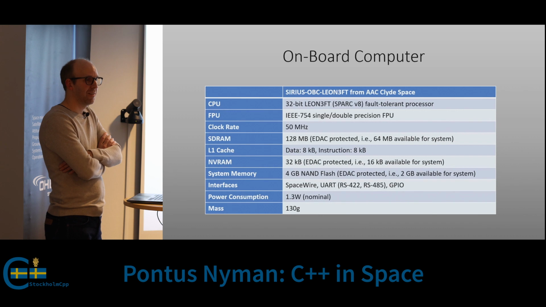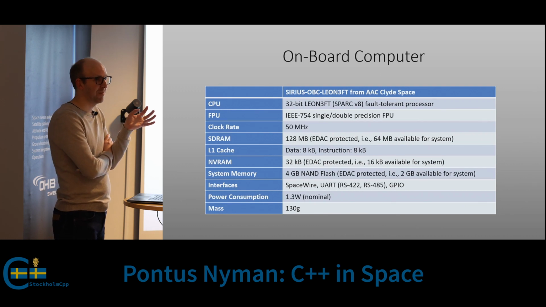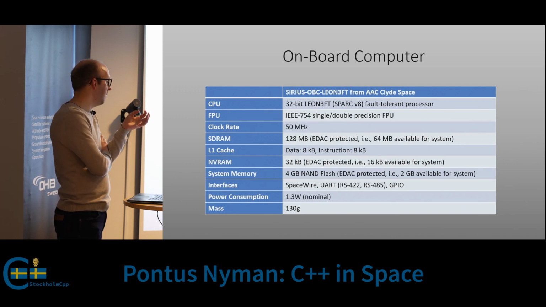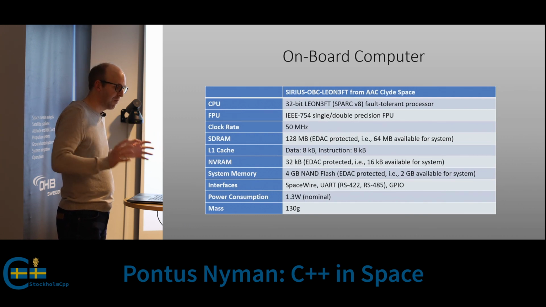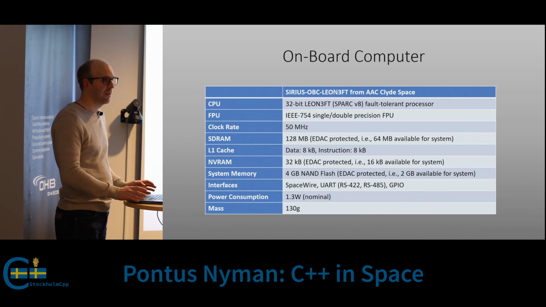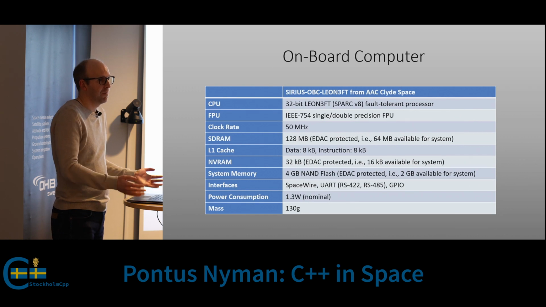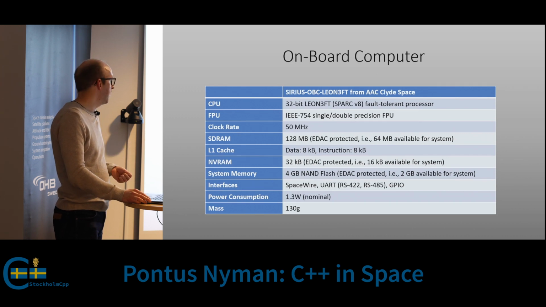If you have the EDAC memory, why do you still need to reboot? Well, it can correct if it's in non-sensitive areas. But if you have a bit flip, not in SDRAM but in registers and stuff closer to the processor, then the only thing you really can do is to reboot, because I don't know what you should do otherwise. But in the RAM memory, you can have bit flips and they can be corrected.